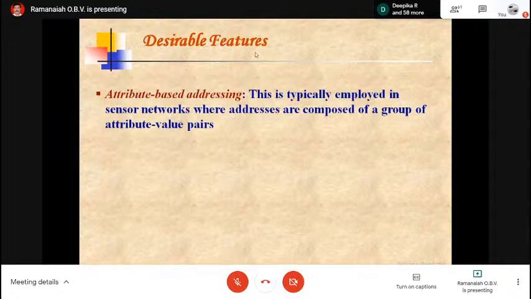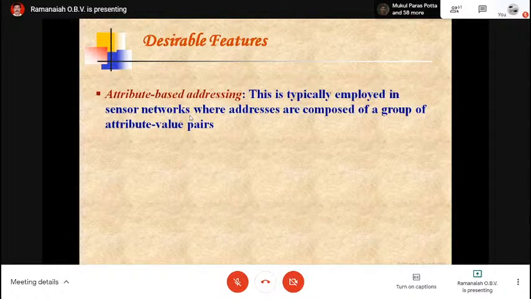Yeah, so desirable features. So attribute addressing. Attribute addressing is different from typical IP addressing. So here when you are giving a query like temperature T is greater than or equal to 30 degrees, you want to know the area where the temperature is more than 30 degrees. So it is attribute based addressing. You only specify the attribute name and the value and pump the query.